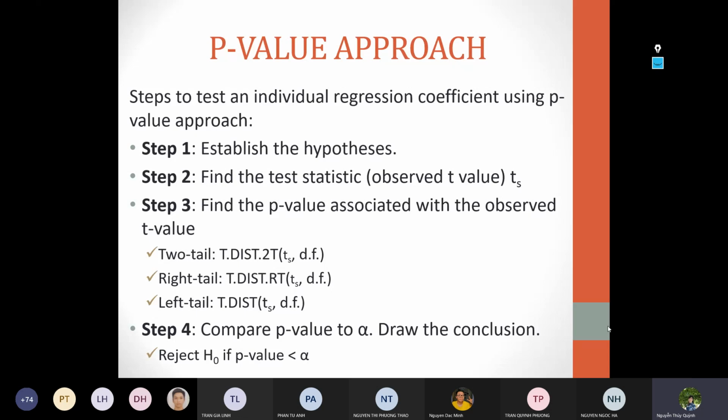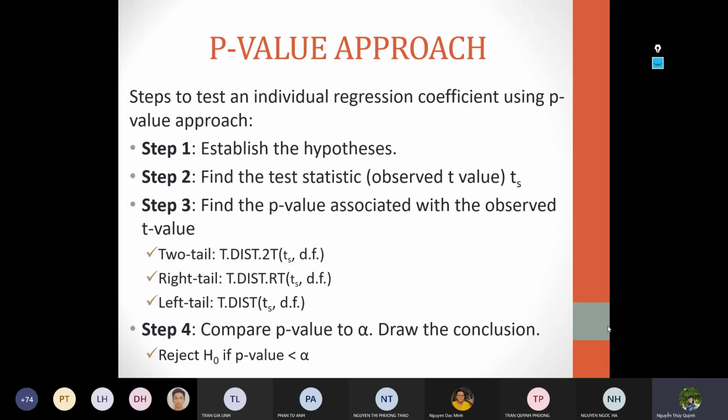If alpha is the level of significance, then p-value is the practical level of significance.